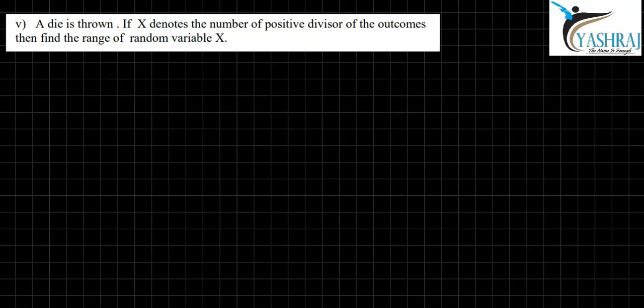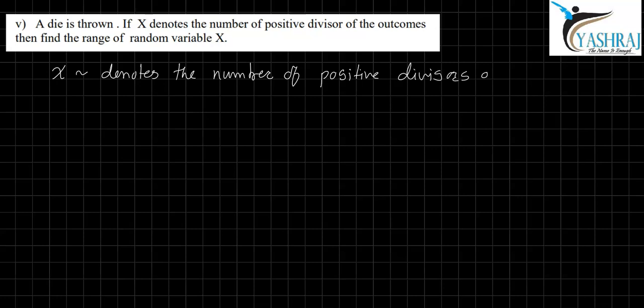Look at the next question now. A die is thrown. If X denotes the number of positive divisors of the outcomes, then find the range of the random variable X. Now the random variable X denotes the number of positive divisors of the outcomes.